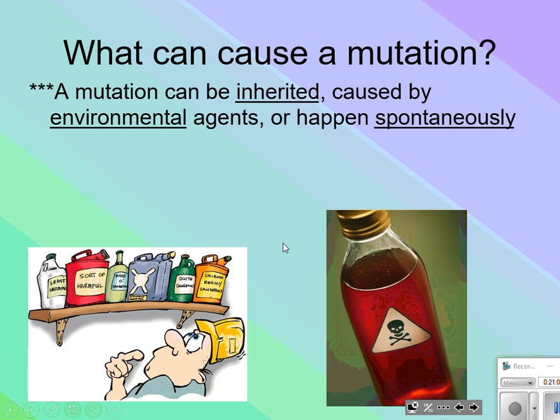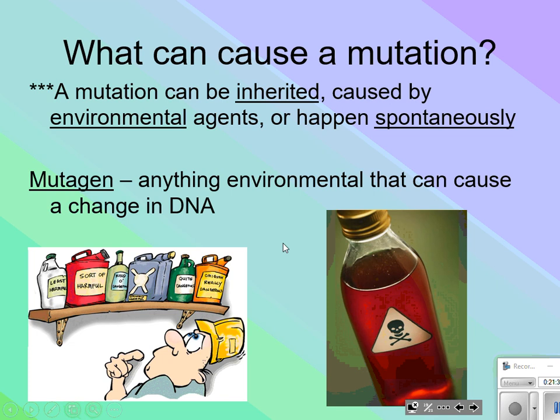It can be environmental, or it can just happen spontaneously. One of those three things. Can be inherited, can be environmental, or it can happen spontaneously.